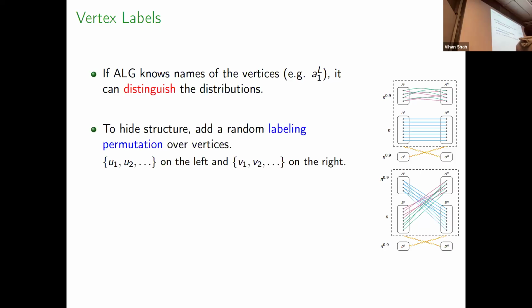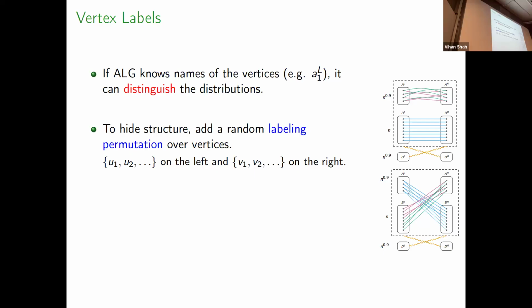What we're going to do is add a random permutation of labels on the left and the right. So when I show this instance to the algorithm, I will not tell it the names A1, A2, and so on. I will give it some random names. Just to confirm how the sublinear algorithm works, we have the entire graph. So we just ask for the names?